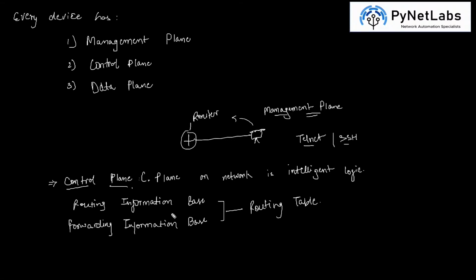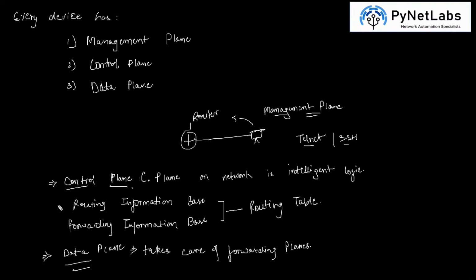Then the control plane gives the information about all the routes to the third plane, which is the data plane, and the data plane takes care of forwarding the traffic. You understand what are the functions of these three planes? So basically the control plane tells the data plane about all the information for forwarding the traffic, and the data plane takes care of that.